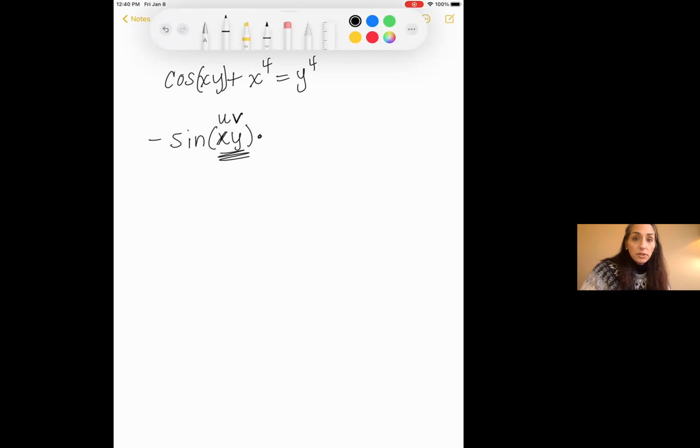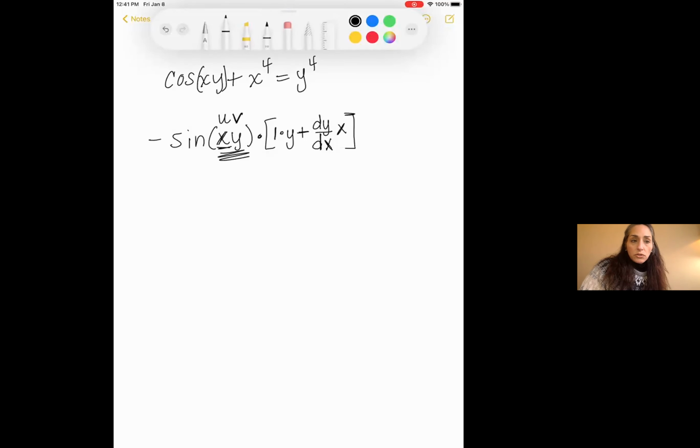When we do product rule, it's the derivative of x, which is 1, times y, so 1y, plus the derivative of y, which is dy over dx, times x.